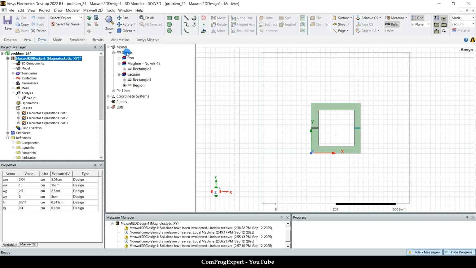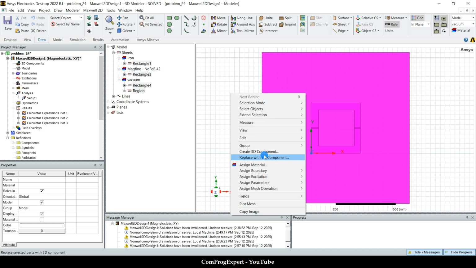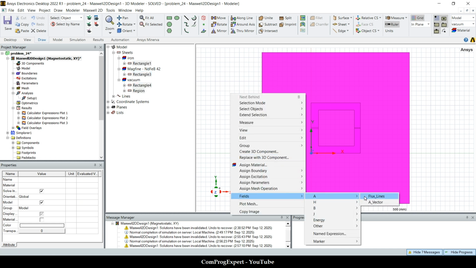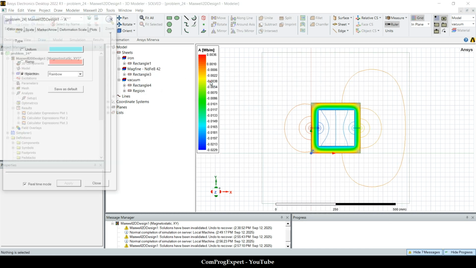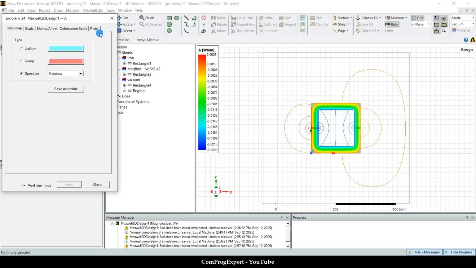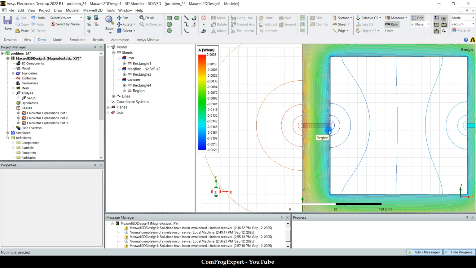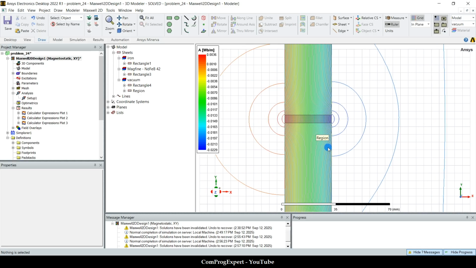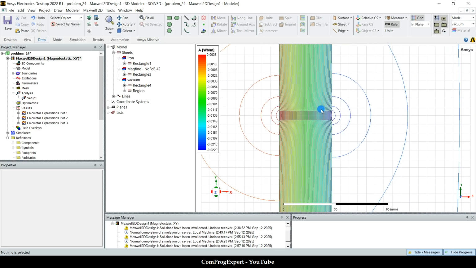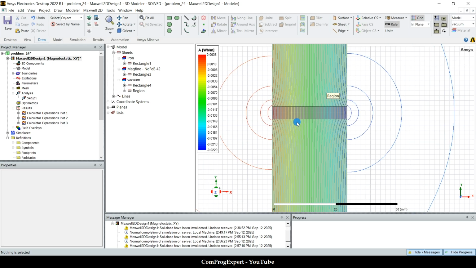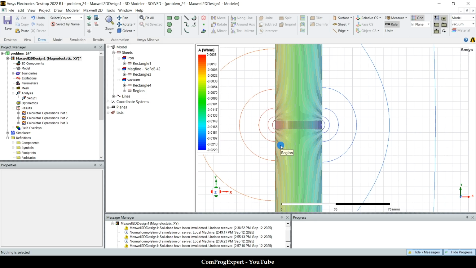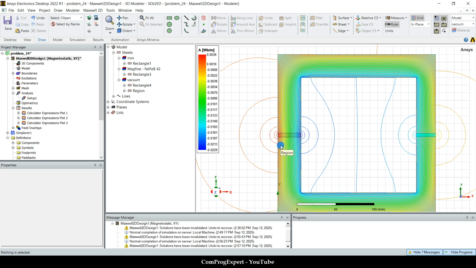So here we can select all, plot, flux lines. Yes, you can see the flux lines and the leakage flux that we have here. Yes, we have this amount of leakage flux. Because of this, we have reduction in the value of the air gap magnetic field.